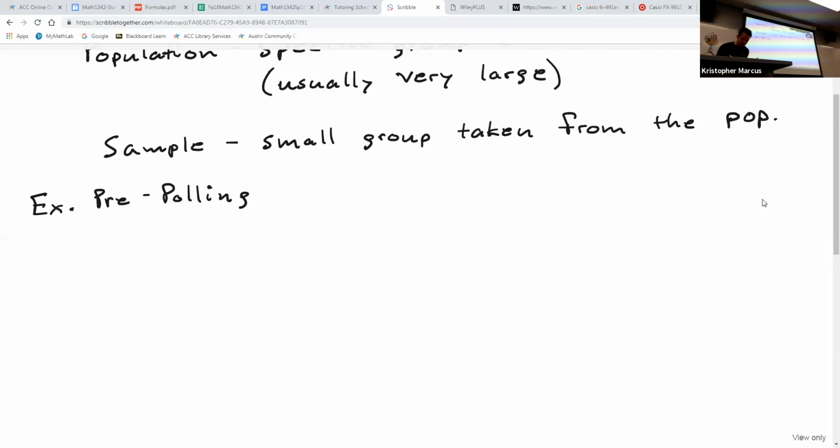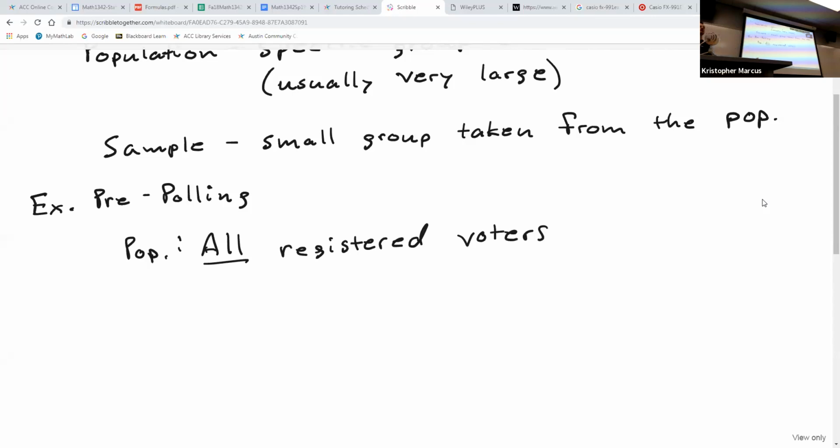So it seems reasonable that the population we should be worried about here is the group of all registered voters. And this also helps us in terms of a physical aspect. Do all the registered voters live in the US?